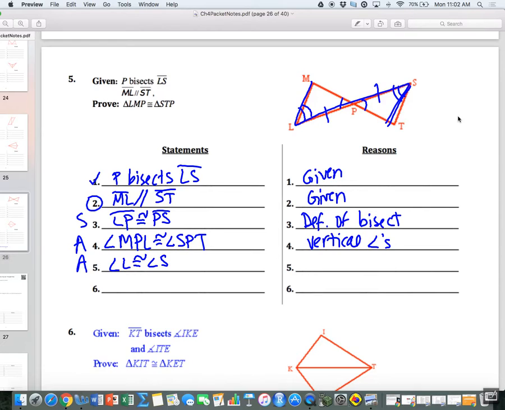That's an A. Phil, how do I write the reason? If parallel, alternate interior angles are congruent. So if parallel, I said parallel already in statement 2, then the alternate interior angles are congruent. Okay, now I have triangle LMP is congruent to triangle STP.